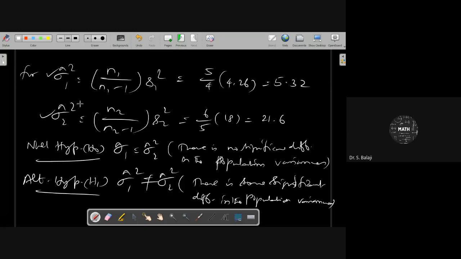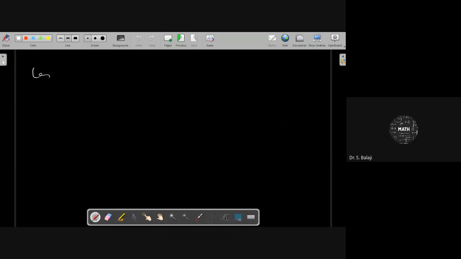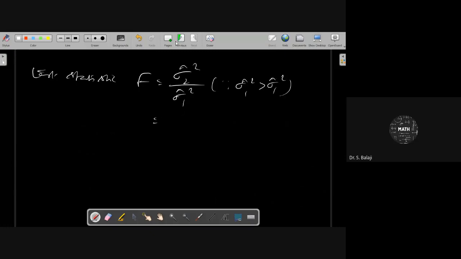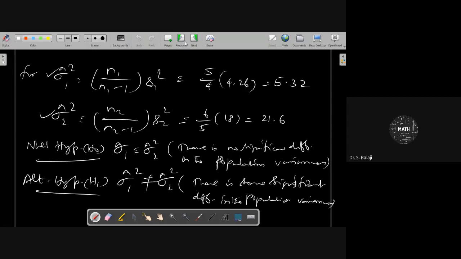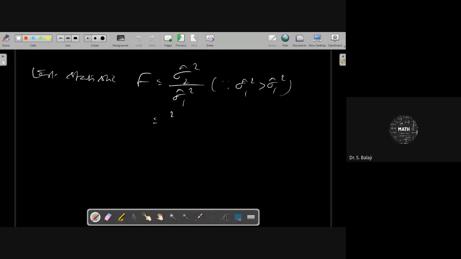In the test statistic, you have to use sigma 2 first, since it is the greater value. F is equal to sigma 2 cap square by sigma 1 cap square, 21.6 by 5.32.